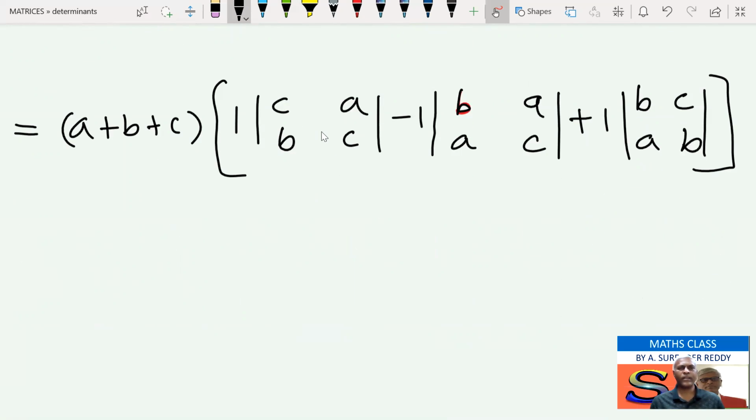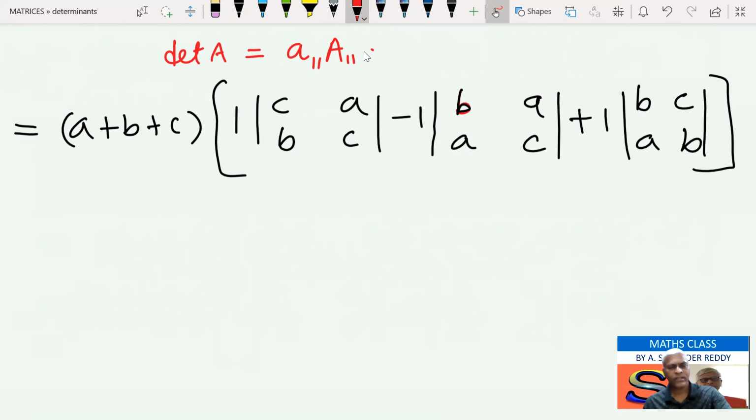So this is element and this is cofactor. Element and its cofactor. Element and its cofactor. This you remember. The det A is equal to a11 into A11. This is element and its cofactor.